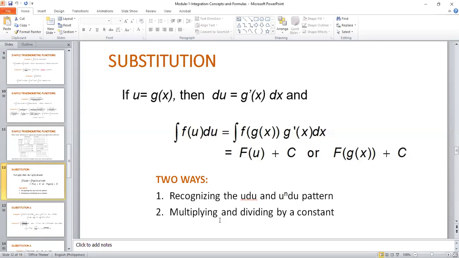So if you need only a constant in the derivative of your u, you may introduce that constant, making sure that before the integral, there's the reciprocal of that constant. That way, it's as if you have only multiplied your integral by 1. I think you will understand it better with an example.